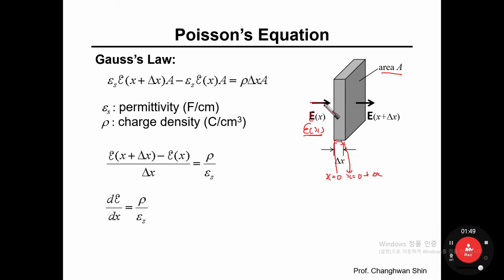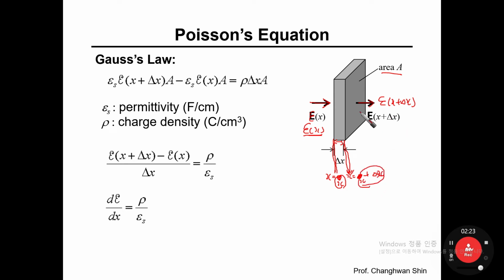And the electric field is now going toward the infinitesimal volume, and the other is denoted as the electric field at x plus delta x. Instead of 0, you can say an arbitrary position at x, where the left hand side corresponds to position x, and the right hand side corresponds to x plus delta x.